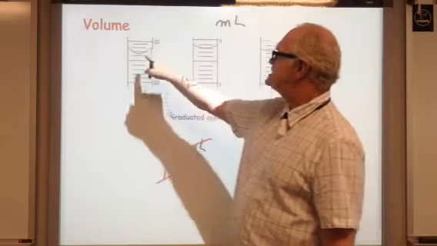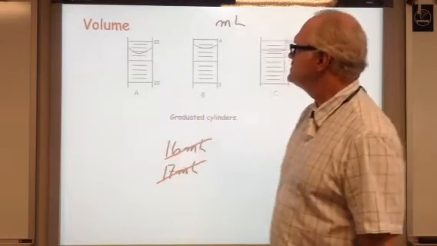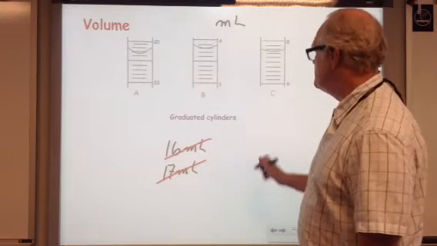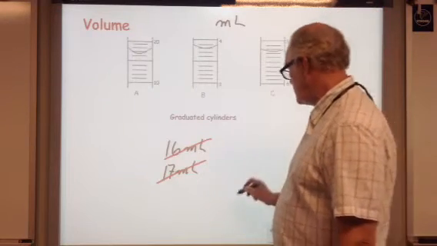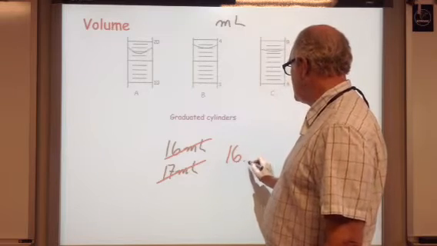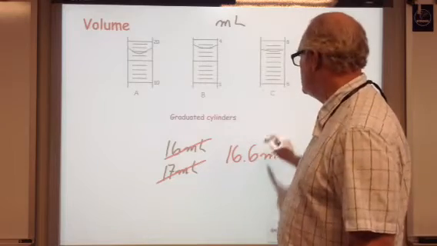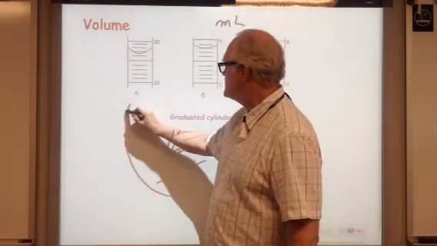My estimation is that the bottom of this meniscus is just slightly closer to the 17 mark than it is to the 16 mark. And so my estimation of this reading is that there are 16.6 milliliters of liquid in this graduated cylinder.